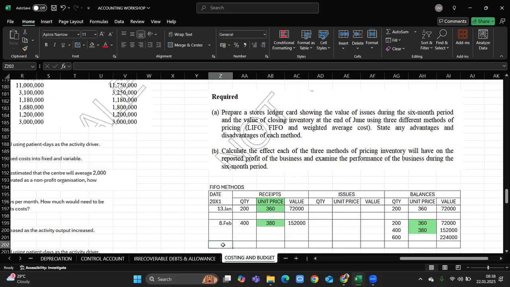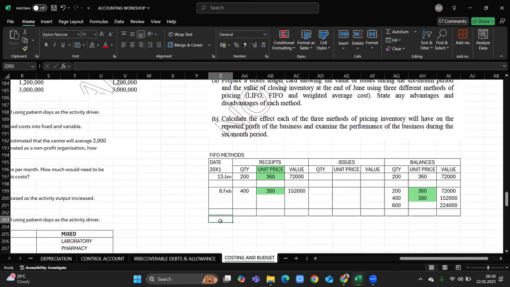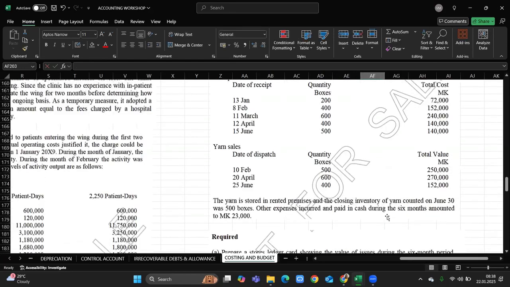But in between 10 February, I got my sales. So I go into my year. I will just leave one space. Okay, I'll start with my 10 Feb. Okay, so I won't put under receipts. I'll put under my issue. So here how much? 200.